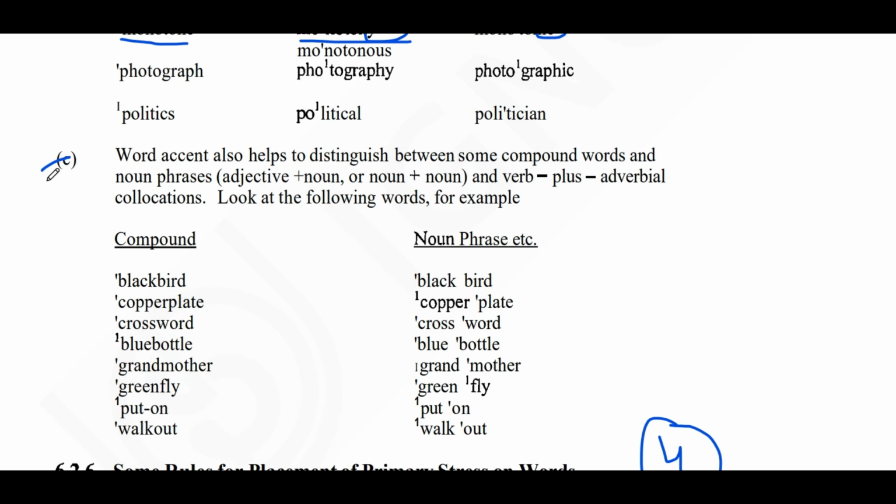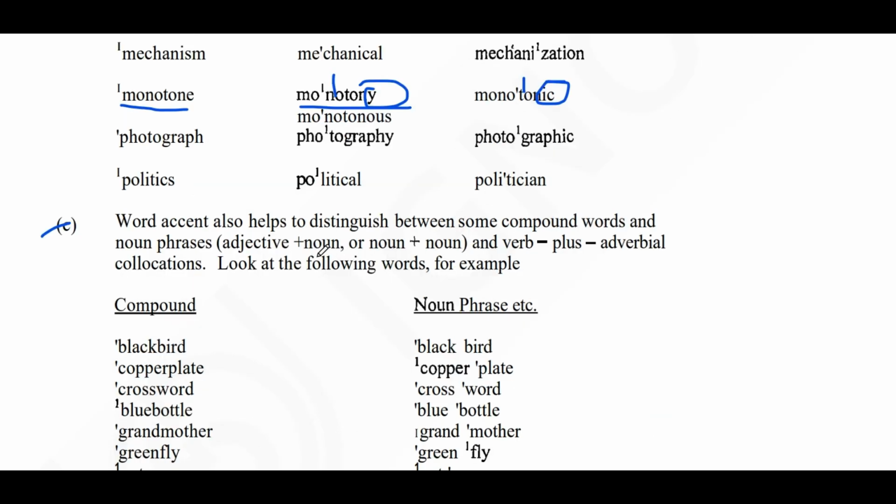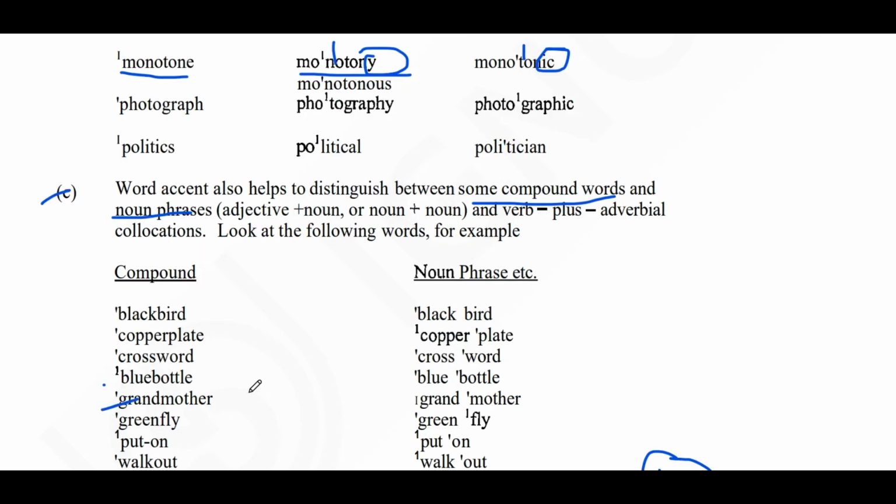With this, we come to the third and last use of stress. It also helps us distinguish between compound words and noun phrases. For example, if I say grandmother, the easiest example I could think of, talking about the mother of my mother, then what am I emphasizing?